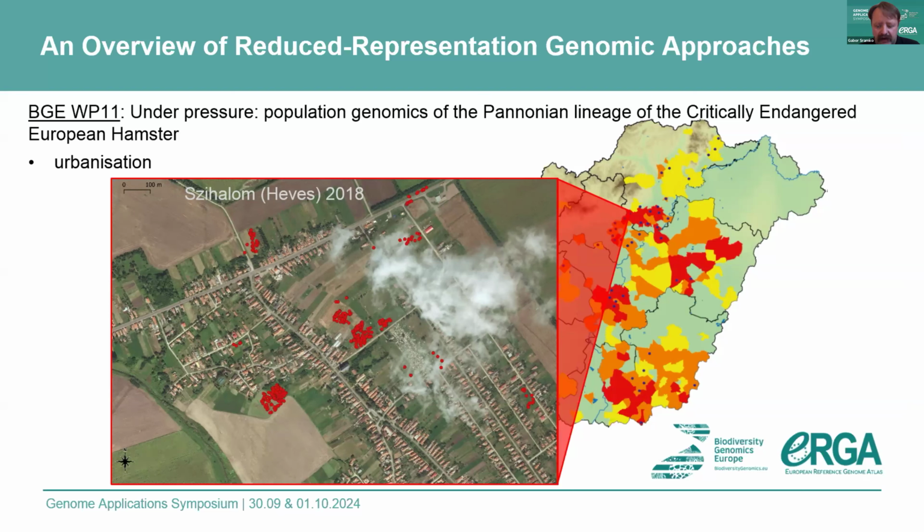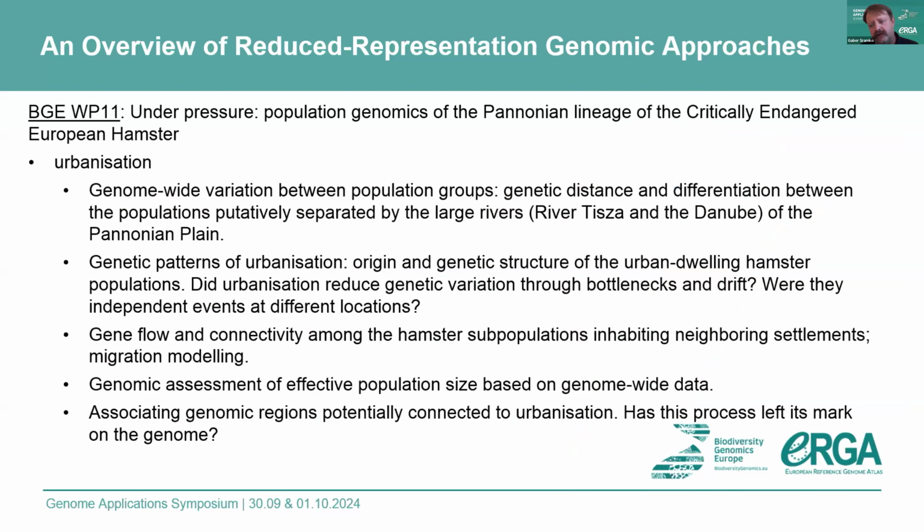And this is something very interesting in our view and can have a conservation implication. Therefore, we are asking several questions, but one of the most important is about this urbanization, whether it has any mark on the genome or how this urbanization is going on, whether this can be used for long-term conservation of the species.